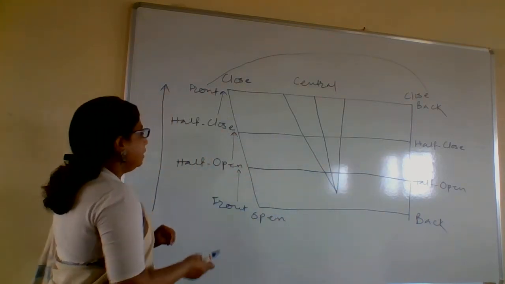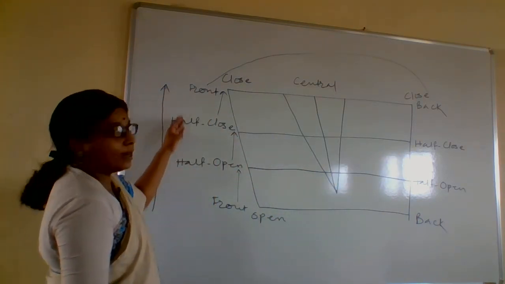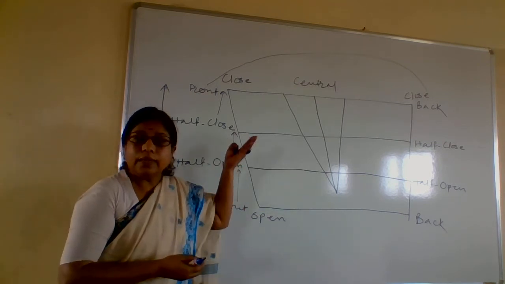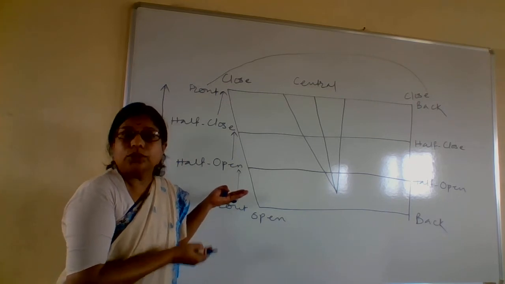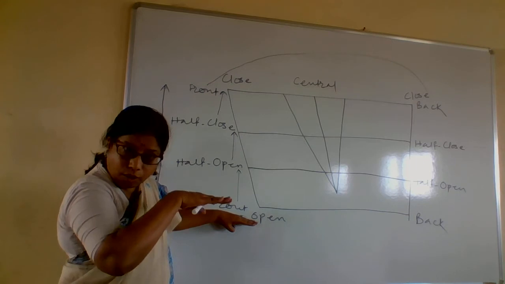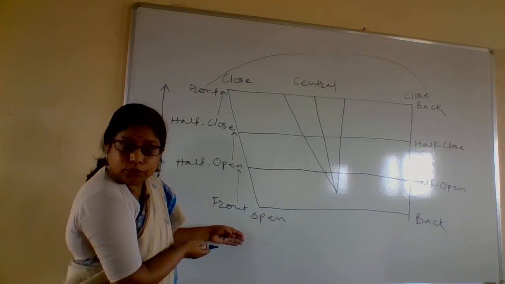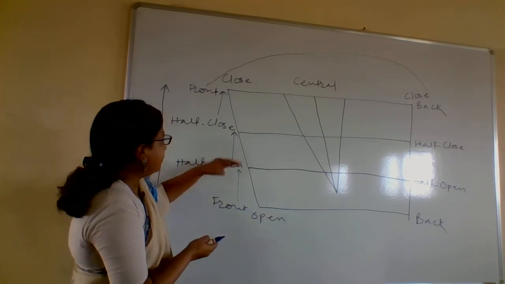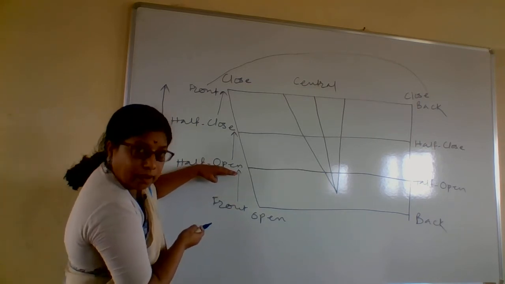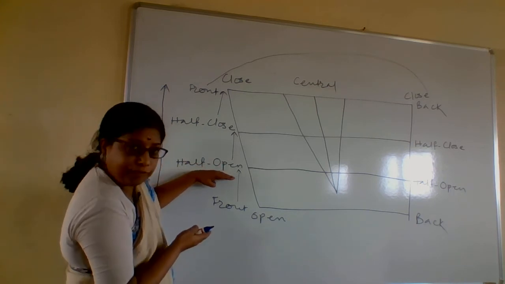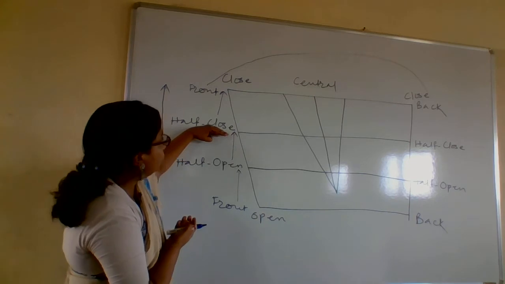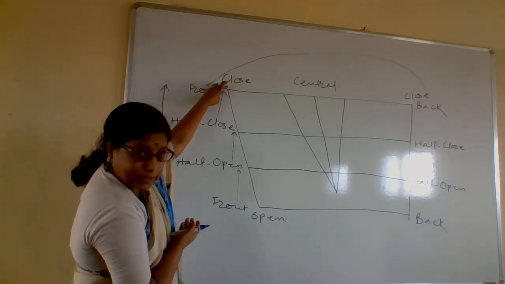Okay, and the third label is given according to the height of the tongue, that is how high the tongue is raised during the production of a particular vowel. If the tongue is lying horizontally in the normal position, it is known as the open vowel. If it is raised to a higher point, it is half open. If it is raised further, it is known as half close, and this is the highest point.